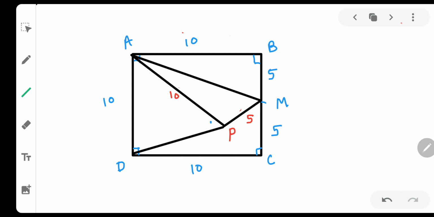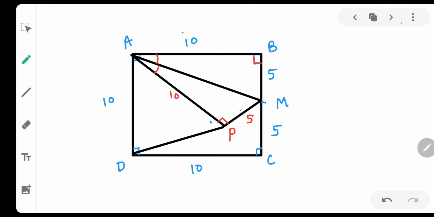Very good. If these two triangles are congruent, then I can say if this is 90, then this also needs to be 90. And this angle and this particular angle, these both angles are equal. So these two angles can be utilized to our advantage.